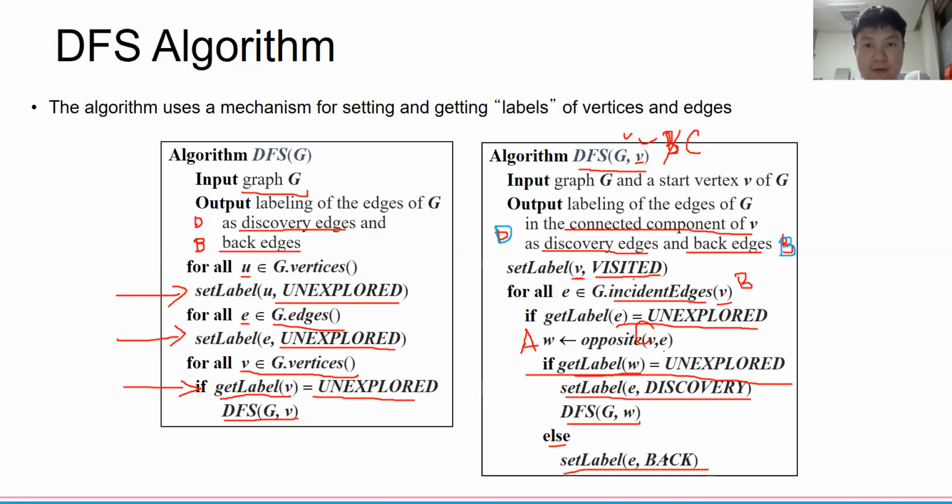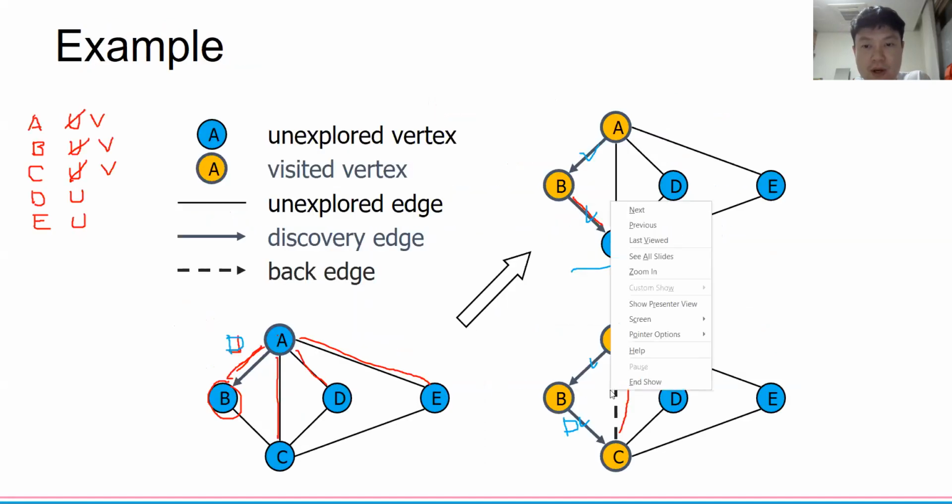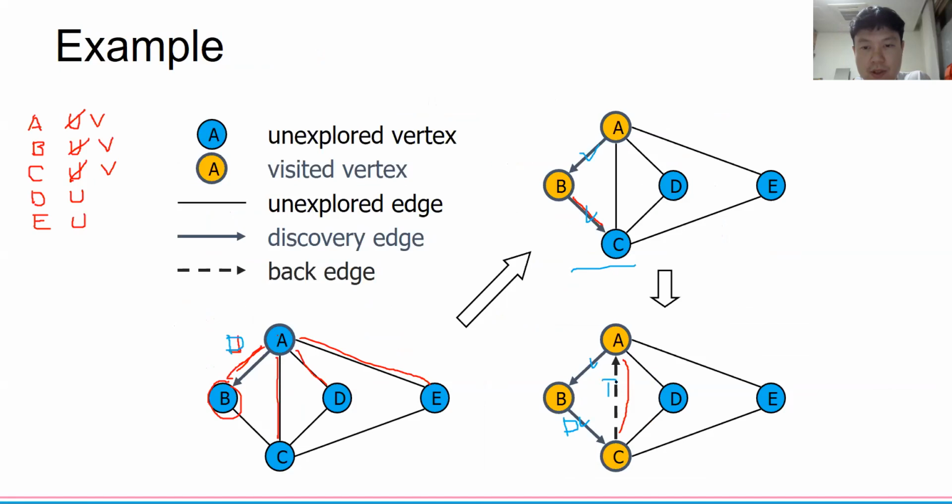Then you can see this one. Now it is back. So this is back. The back edge is represented by the dash line, and the discovery edge will be represented with the arrow, because this is a back edge.